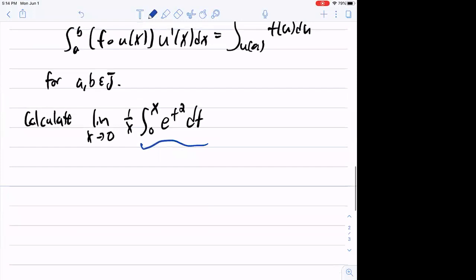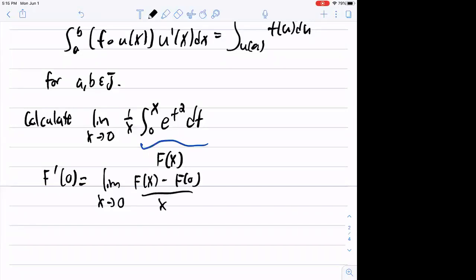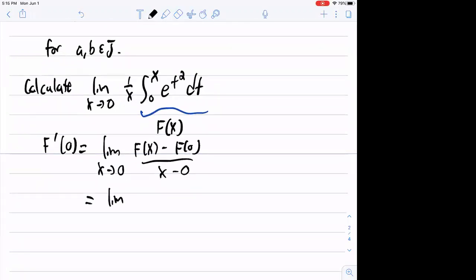So you might wonder, maybe this is the derivative. Because if you remember, if I call this thing, the blue underline, F of x, what is F prime at 0? This is the limit as x goes to 0 of F of x minus F of 0 over x minus 0. Well, F of x was just this thing, and I have over x, but what is capital F of 0?